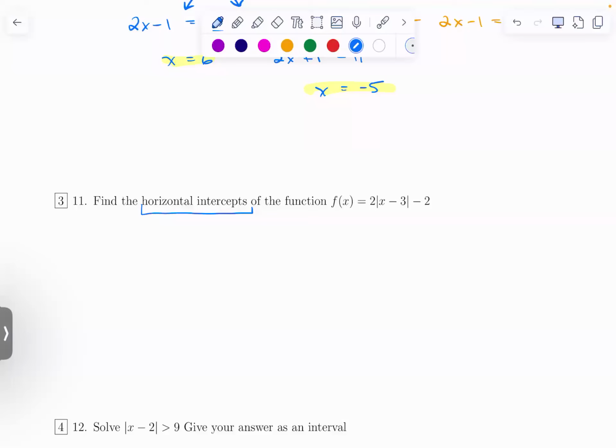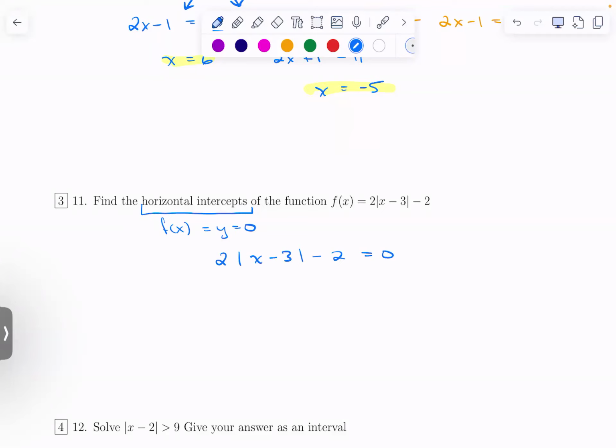What's the horizontal intercept? The horizontal intercept is where it crosses the x-axis, which means that y, or f of x, is equal to 0. Kind of implied knowledge that you would need. So what you're solving is 2 times the absolute value of x minus 3, minus 2, is equal to 0.